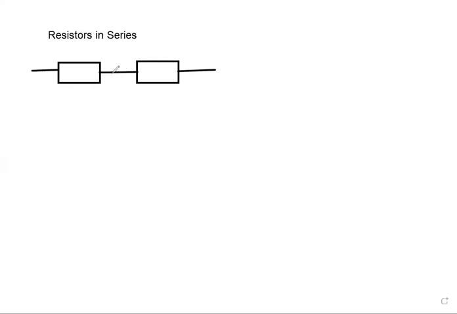Here, let's say this represents our R1. If it's R1, it means it's the first resistor. That is going to be R2, the second resistor. One very important thing is that these are resistors in series, and resistance is measured in ohms.